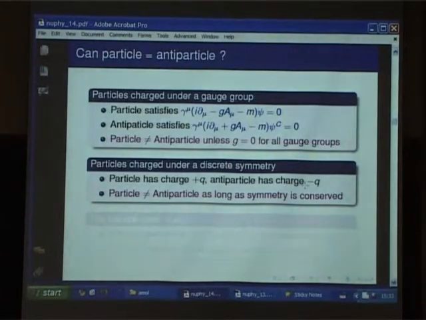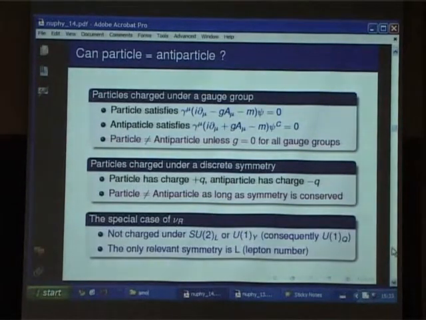Now in this context, I brought this into play because nu R is a very special case. As we saw earlier, nu R was a singlet under SU(2)L and a singlet under U(1)Y. Therefore g is equal to 0 in all the cases: for U(1)Y, g is 0, for SU(2), g is 0.